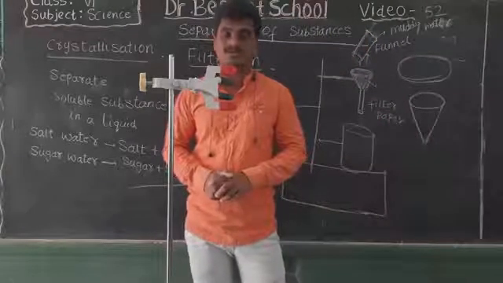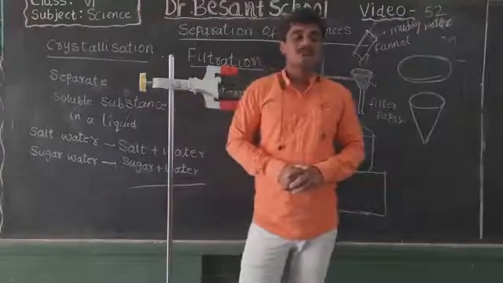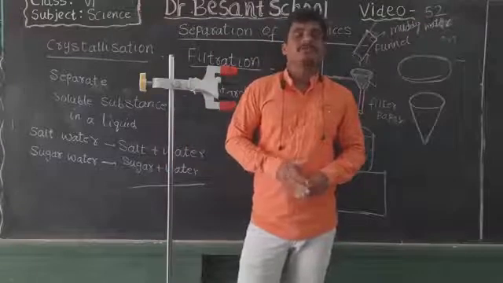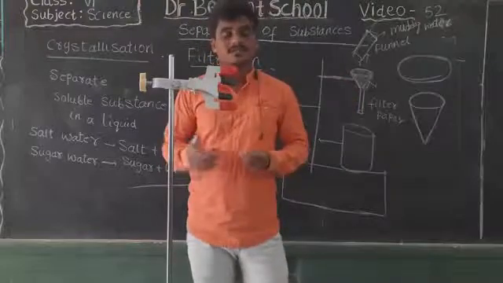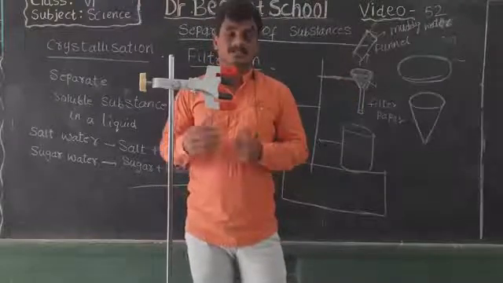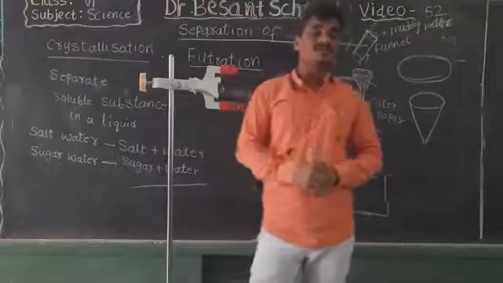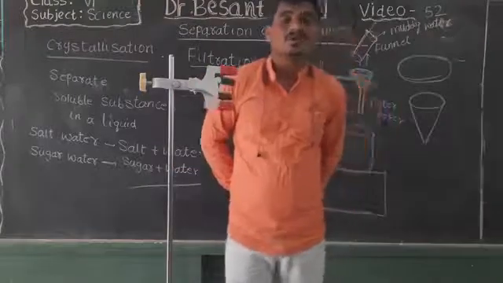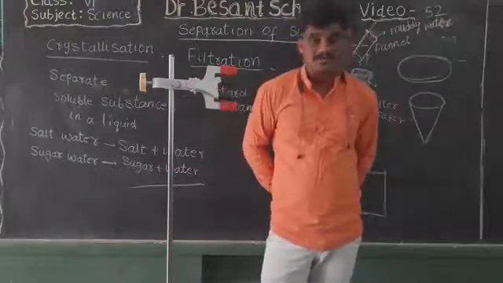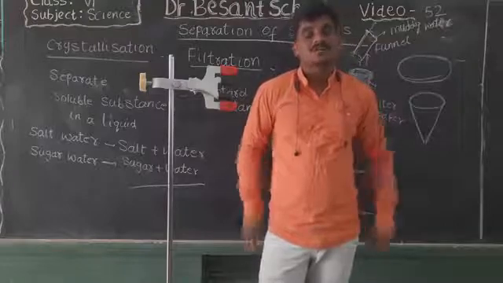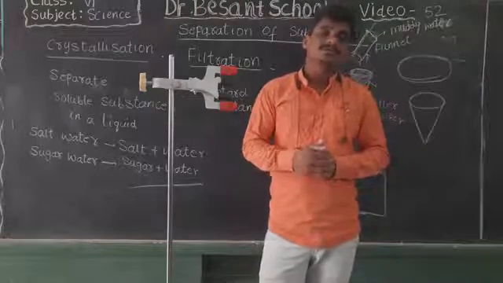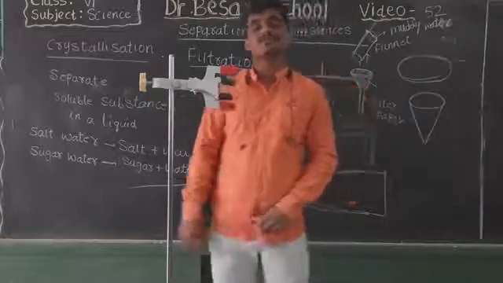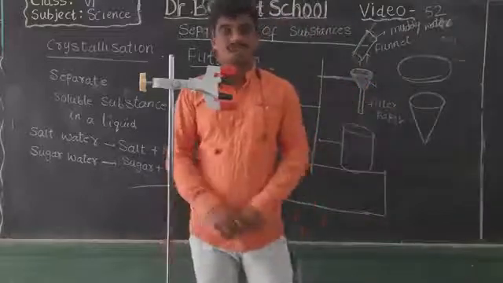For example, in case of salt solution, heat the salt solution. What happens? The water boils at a temperature of 100 degrees centigrade. All the water turns into water vapor. What happens to salt? Salt turns into crystals. Whereas if you heat sugar solution also, you will get sugar crystals.